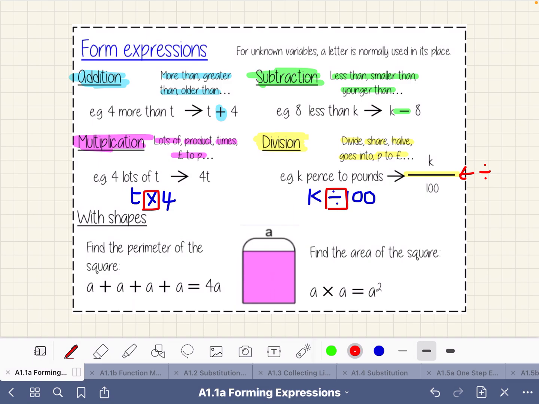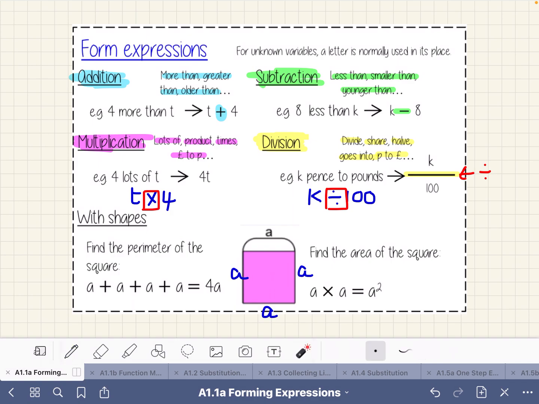When it comes to forming expressions, we are sometimes given a shape. In this case, we can say we have a square that has sides A. If we are asked to find the perimeter of this square, that means we are looking to add up all the values around the shape. Because it is a square, that means each of these sides is worth a.